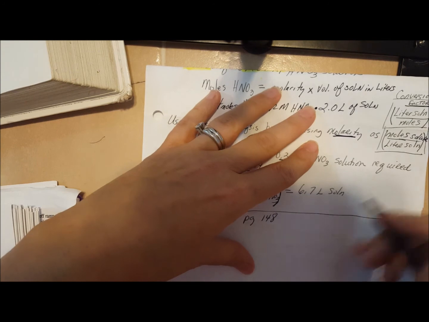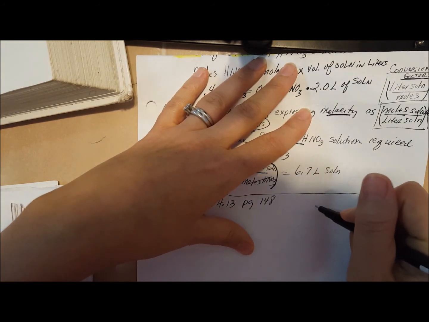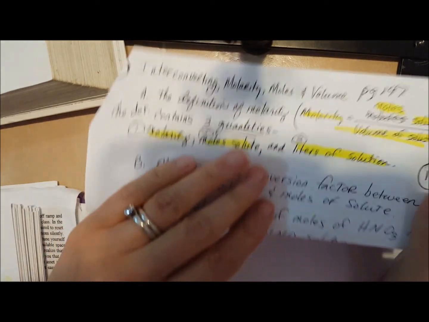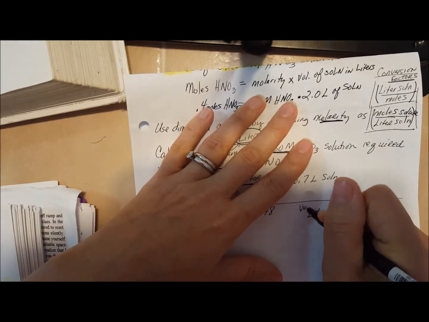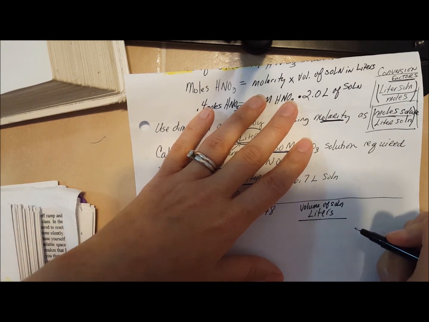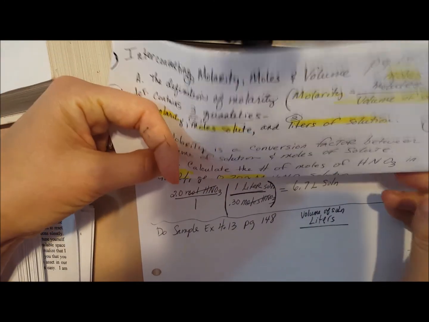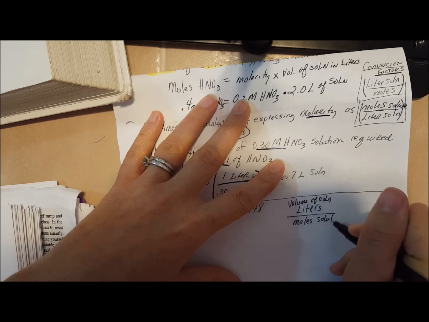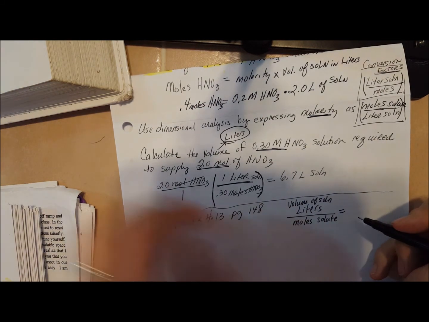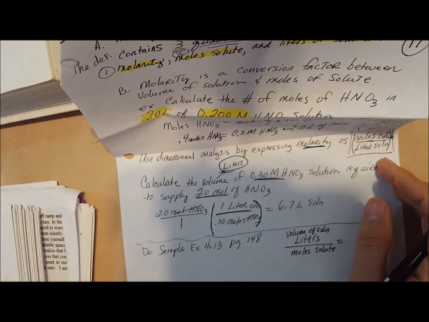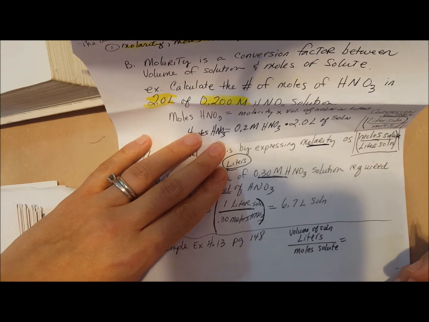So the way that you could write that out is, let's just do it down here. Molarity is, you could do it volume of solution in liters over moles of solute, is equal to molarity.